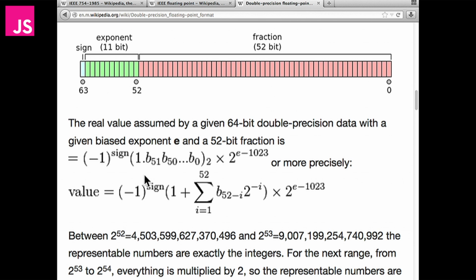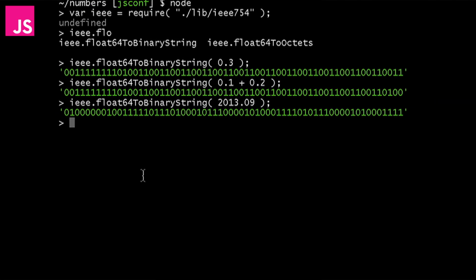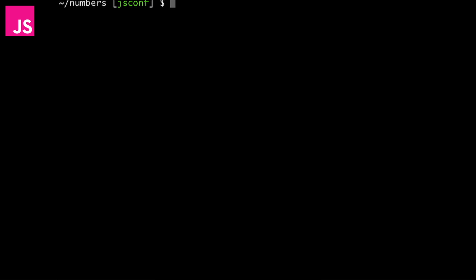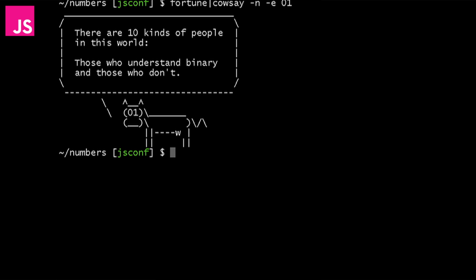So I know it was quite a hardcore topic for a Sunday morning after the great party, but I hope that I have given you at least a little bit of understanding how numbers in JavaScript work and why we have all these problems with them. And hopefully after this talk we can all think about ourselves as those who understand binary.